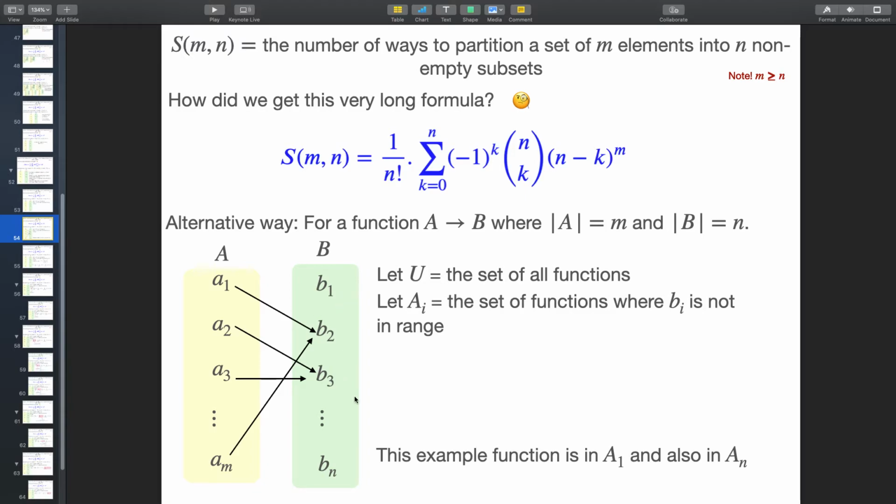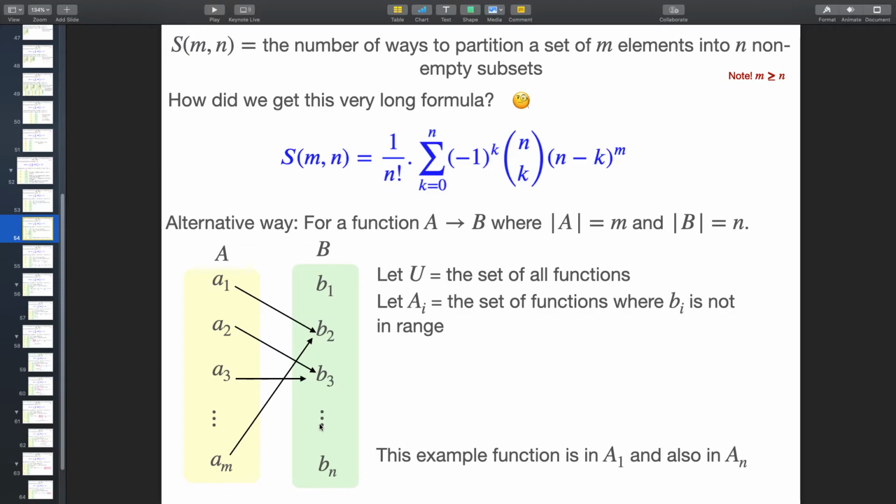Tapos, itong example na function na ito ay nandun din sa A sub n kasi walang nakaturo na arrow kay B sub n. Okay. So, paano natin mako-compute yung dami ng surjective functions? Kailangan lang natin tanggalin itong mga ganitong example functions, di ba?